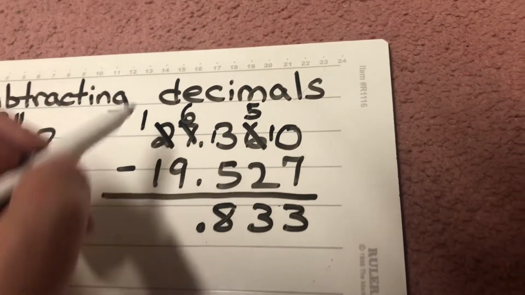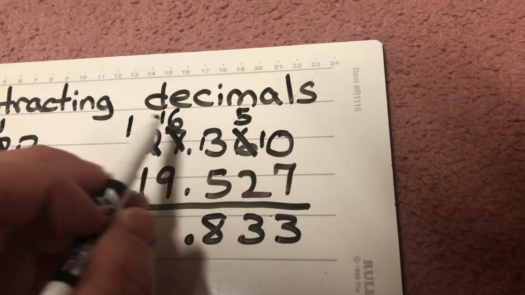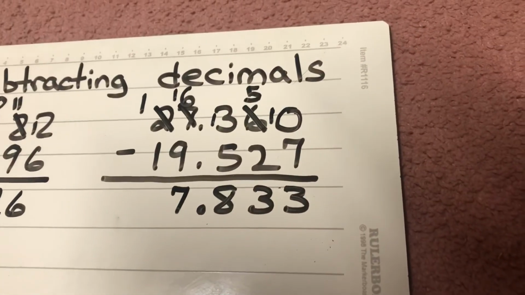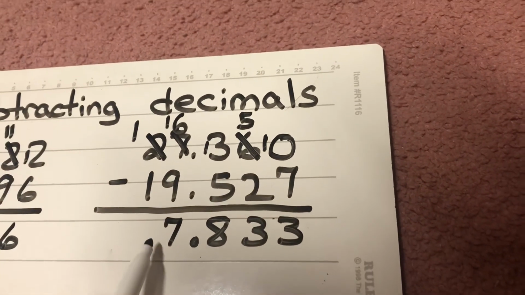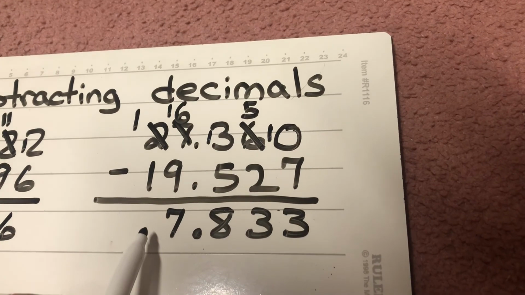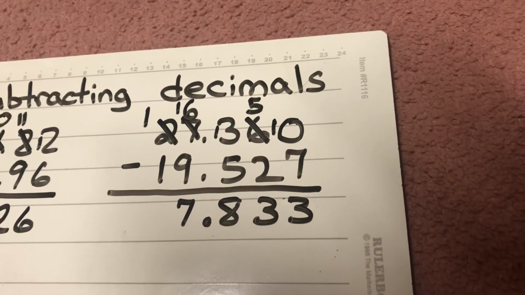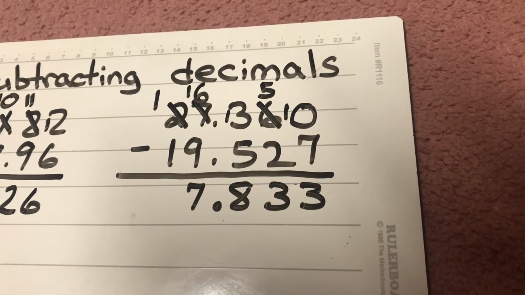I'm going to make it a 1, and I'm going to make the 6 a 16. 16 minus 9 is 7. And then 1 minus 1, that's nothing. I can put the 0 there if I want to, but it's not necessary. And my final answer is 7 and 833 thousandths.